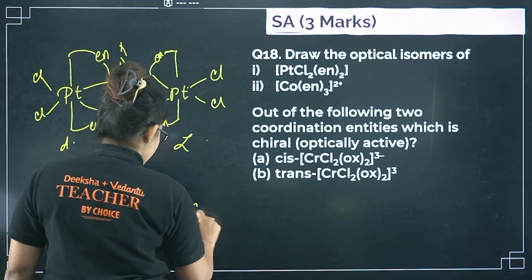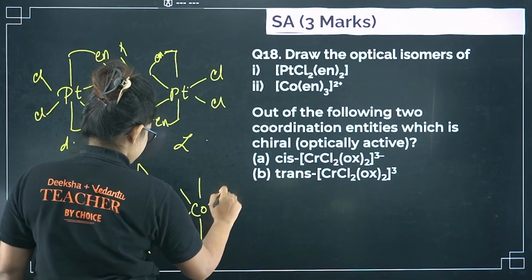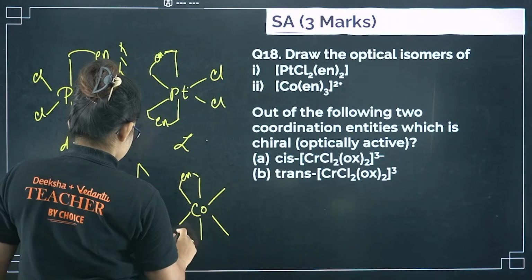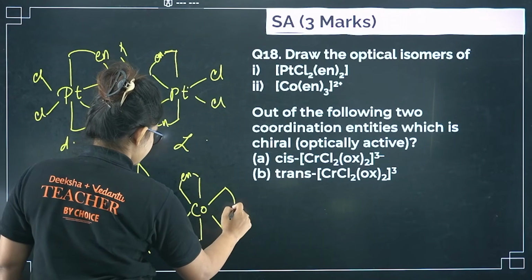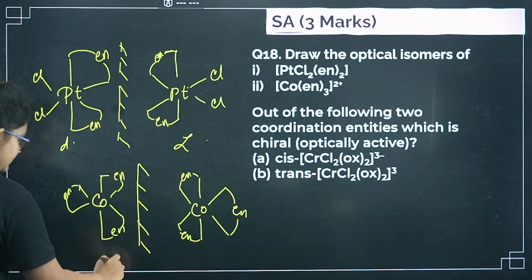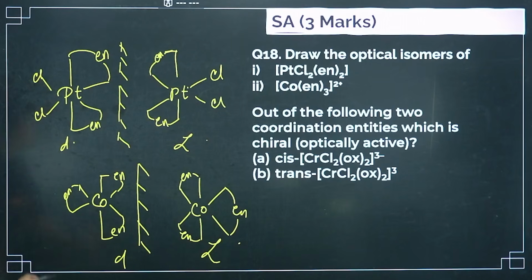Co, here I can place 1 here, I can place 1 here, and I can place one on the plane itself. So here also you can get 1 D, another 1 L. Okay, I guess these are clear to you.